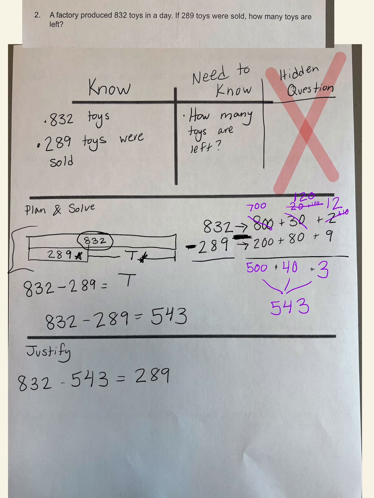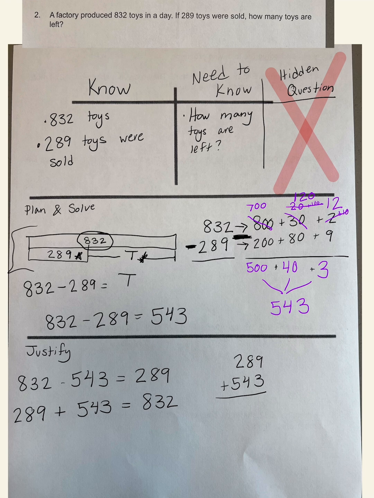832. So what I can do is take that 289 and add T, which we figured out was 543. And if it's correct, it should equal 832. So let's check it. So 289 plus 543.